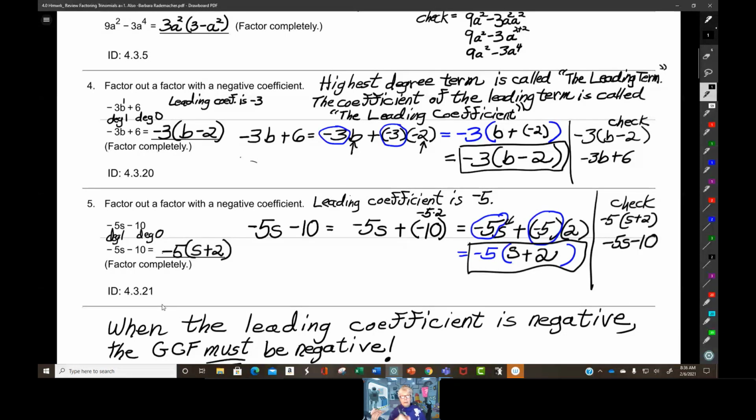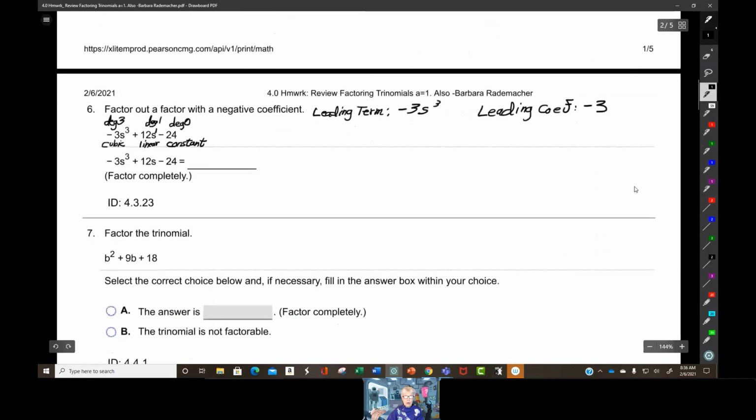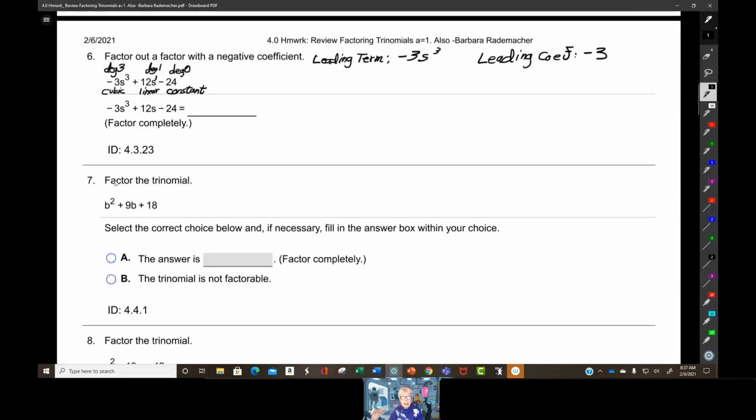Let's do one more, and then you can ask about these. I just want you to see how it works with a trinomial. Now we have 3 terms that we have to break down, and 3 terms that we're going to have to find some kind of negative GCF in.